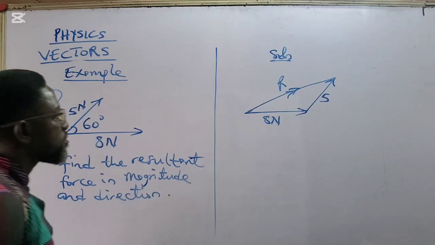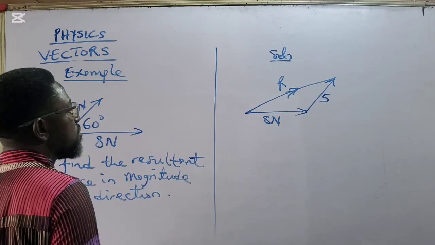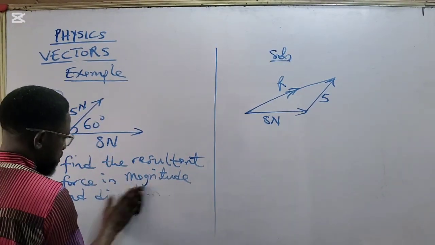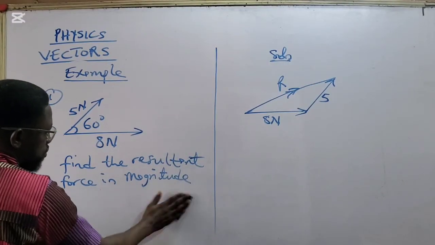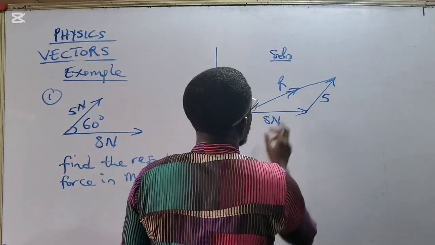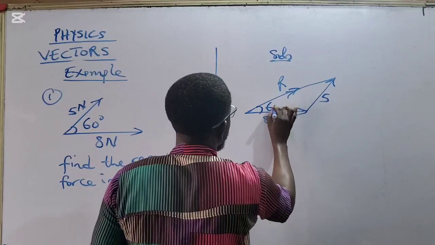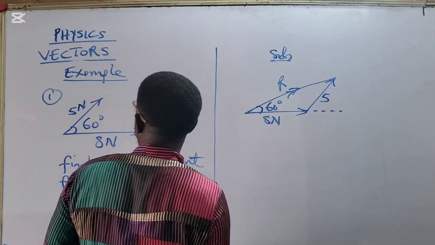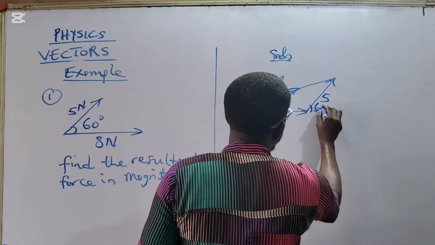So, to get the resultant, let's just calculate the magnitude for this. The subsequent questions, I'm going to show you. Let's make this one easy first. Okay, so now, this one here is 60, and this one is going to be 60 this way.